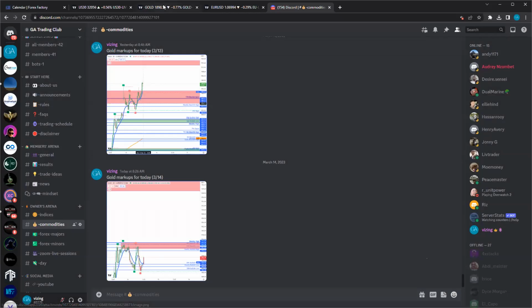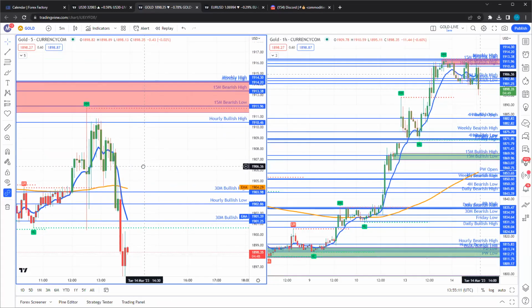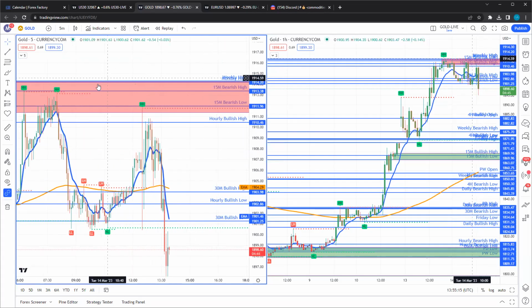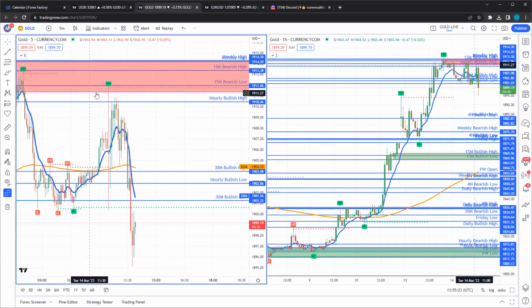So that's the other way you can trade during news time. If I send out these markups and you see these high time frame bullish or bearish zones, the supply zones are shaded in red and the demand zones are shaded in green, right? How I draw these zones is where high time frame order blocks overlap. That's why these supply and demand zones don't have a bearish high or bearish low.